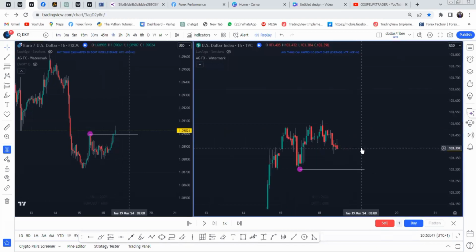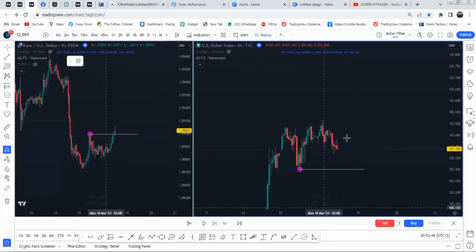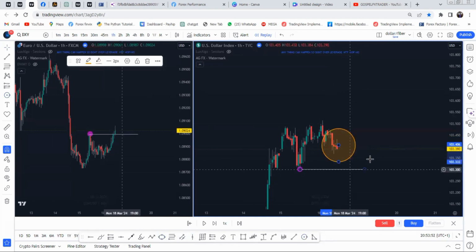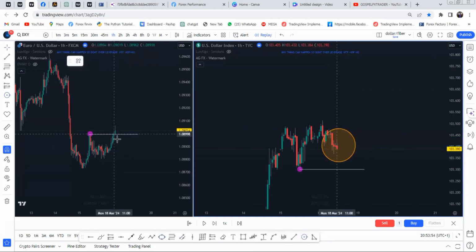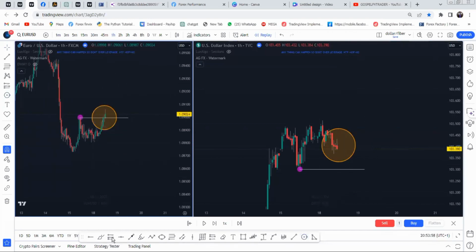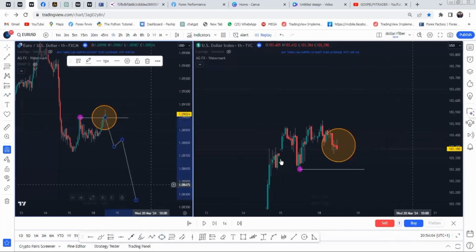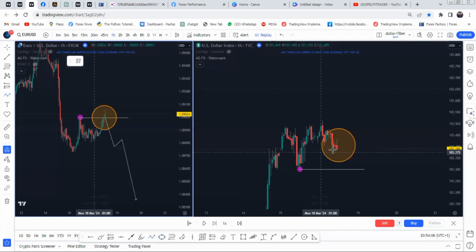Okay, what that means is, since we have discovered that at the same time of the day, Euro is already taking a high while dollar is not taking a high, we will simply want to look for confirmations here to confirm if we are having an SMT on Euro or not. Because if this is a real SMT, we want to see Euro continue lower, and the dollar continue higher.